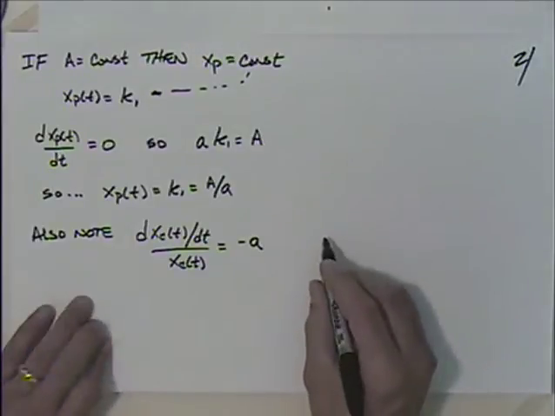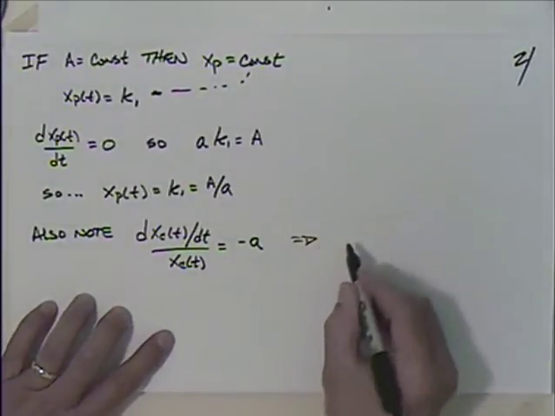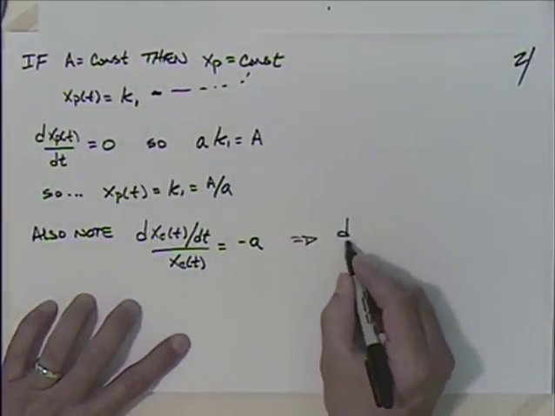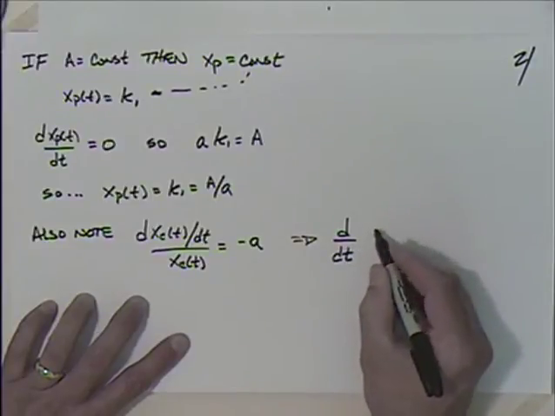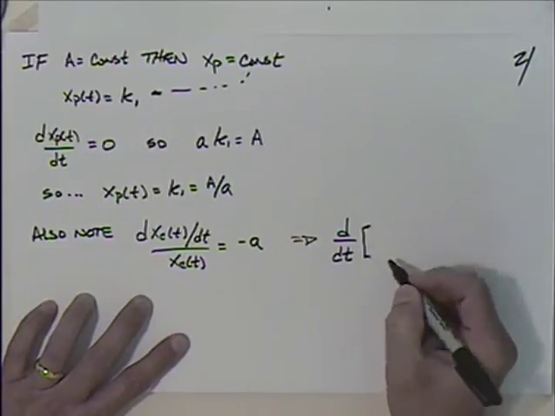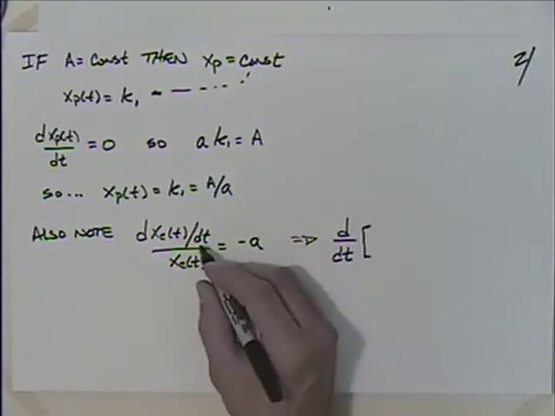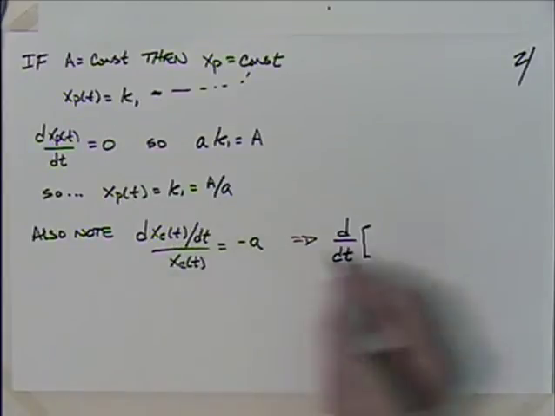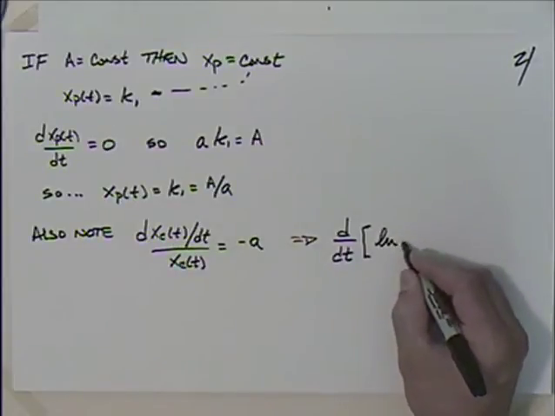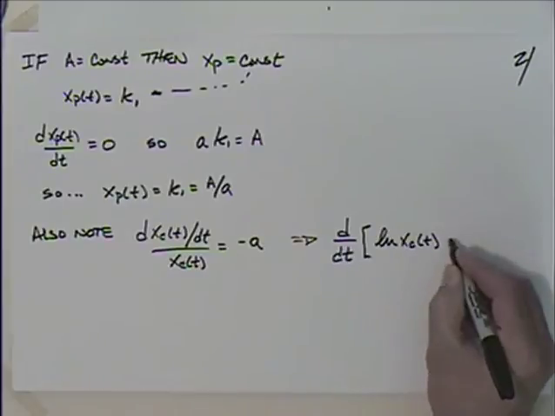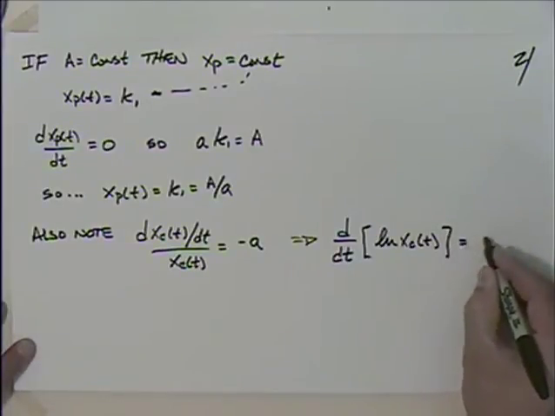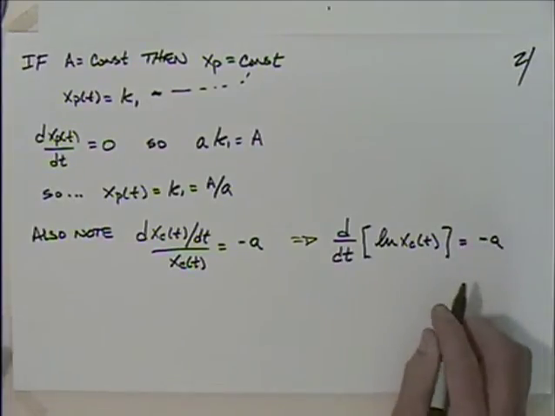So I could rearrange this further. Maybe I'll use some space over here and say, rewriting this a little differently, I have the derivative with respect to time of, let's see, derivative with respect to time. What am I going to have? Yeah, this would be the log x_c of t is equal to minus a, right?